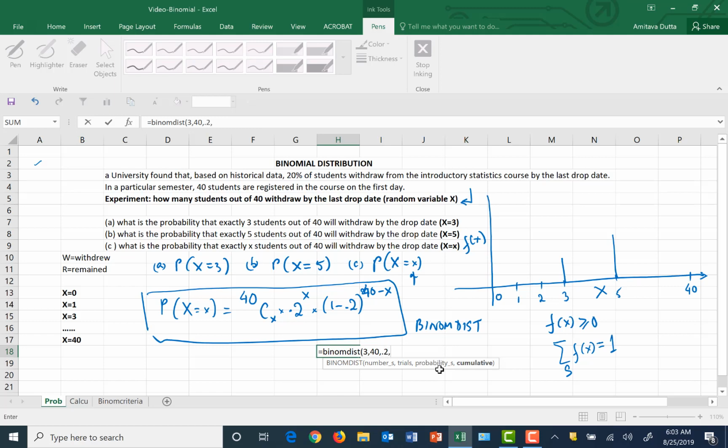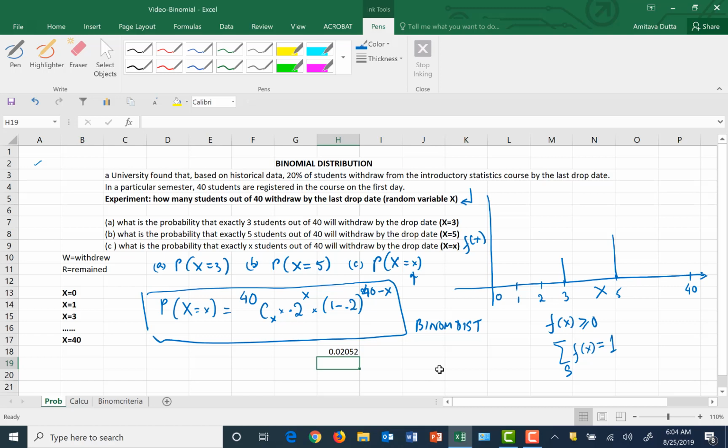And this last one, for now it may not be that clear, it's cumulative. That number is 0 or a 1. Since I'm looking for the probability of exactly 3 students leaving, then I will make this a 0. So the probability is 2%. So the likelihood of exactly 3 students out of 40 dropping out of the course is 2%.